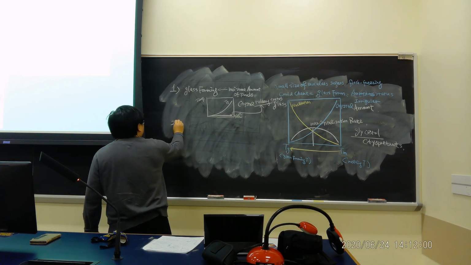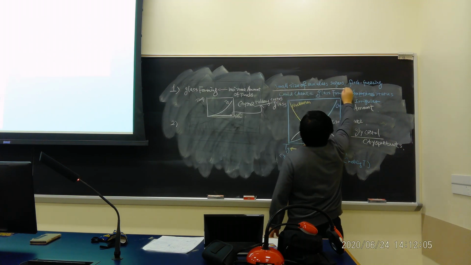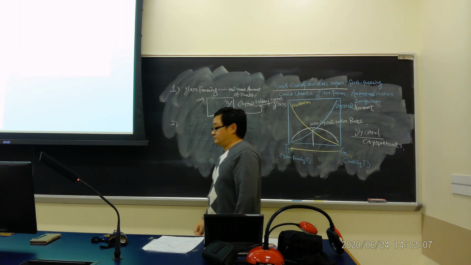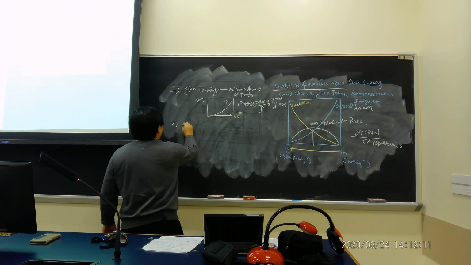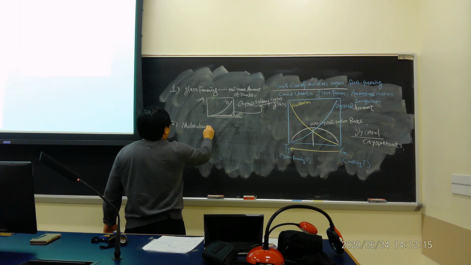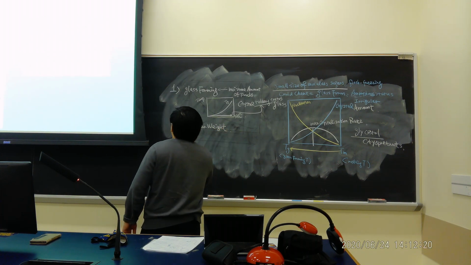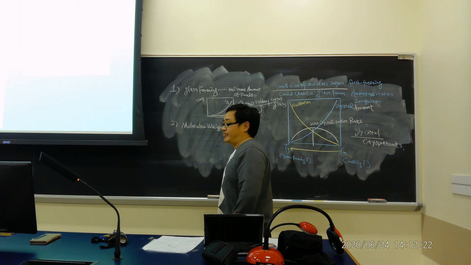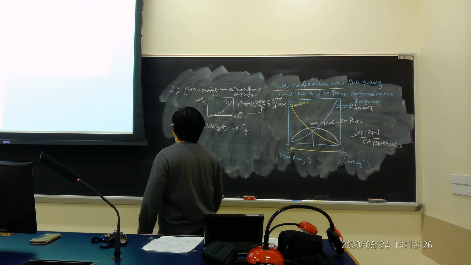Number two, I mentioned the small size of the molecular sugar. This figure tells you the molecular weight highly impacts the determination of the glass forming temperature, the determination of TG. Why?